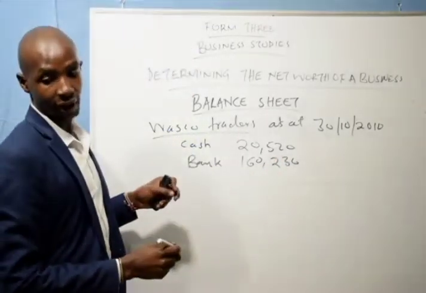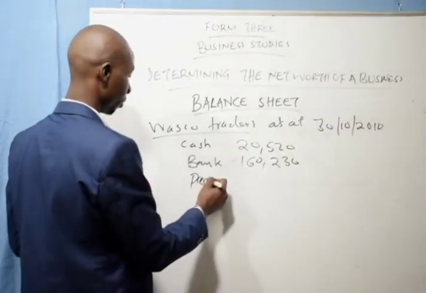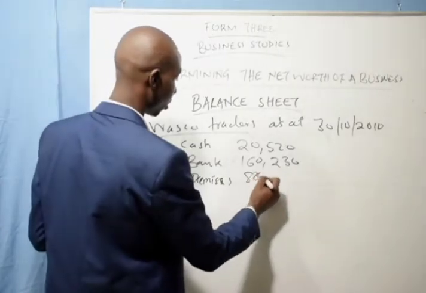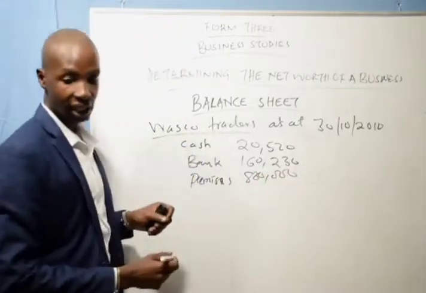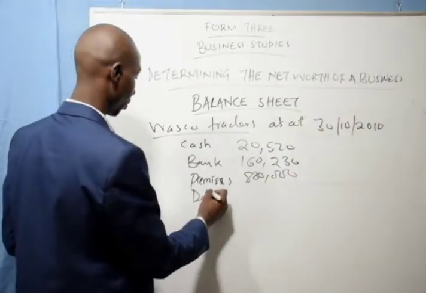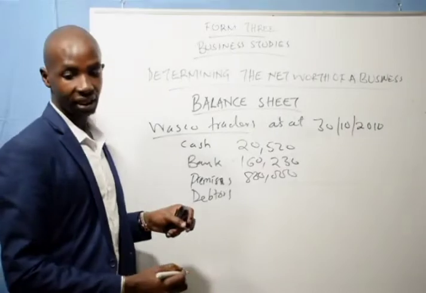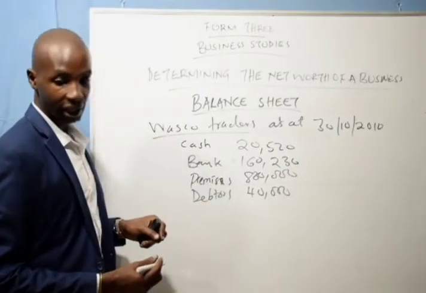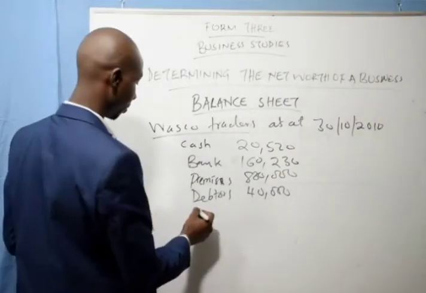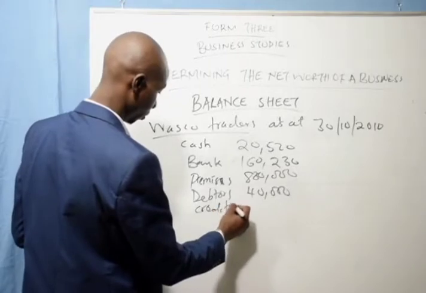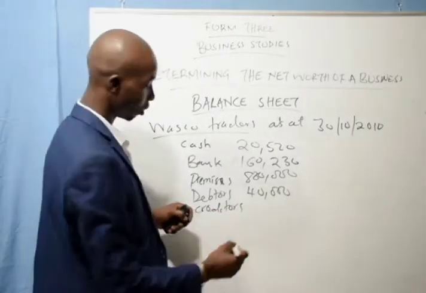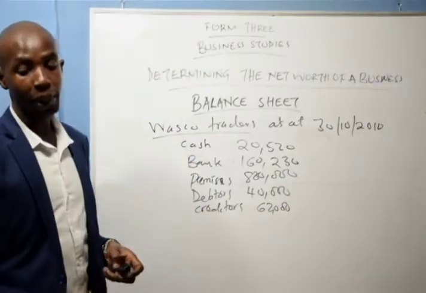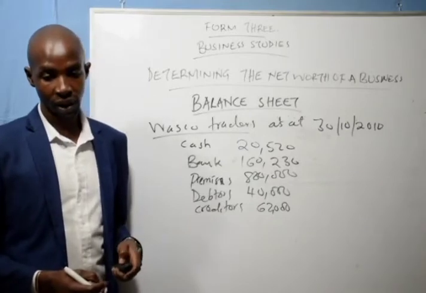And then let's have premises, let's give it 800,000. And then let's have debtors, let's give them 40,000. Then let's have lastly creditors, 62,000.